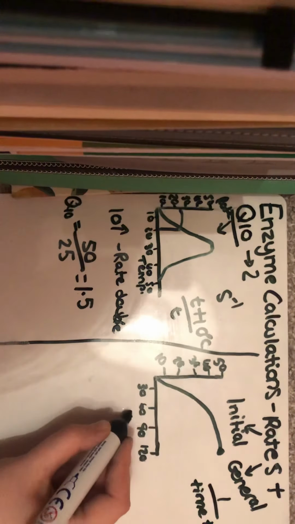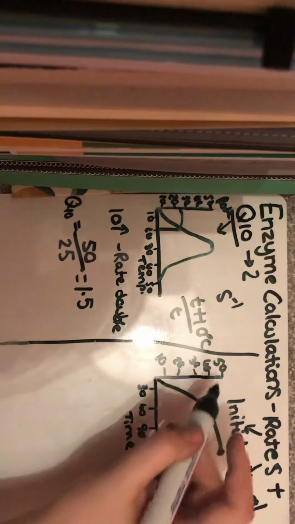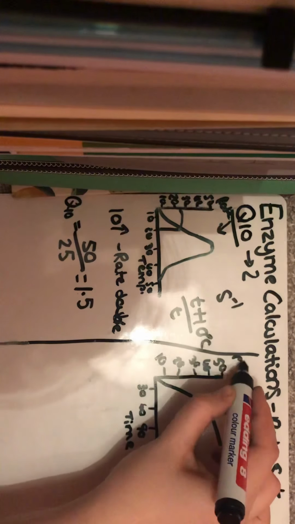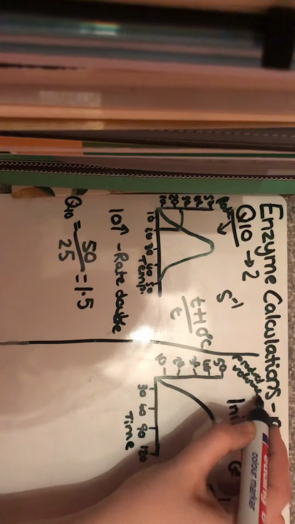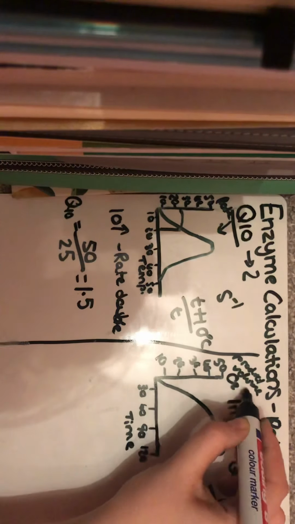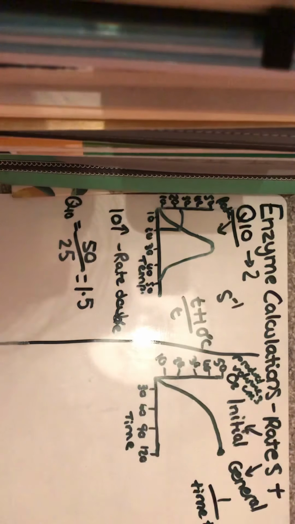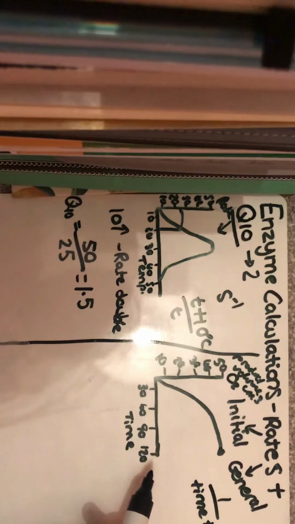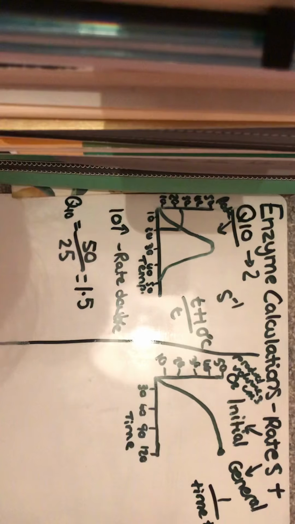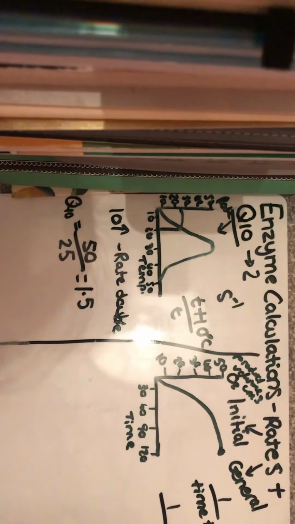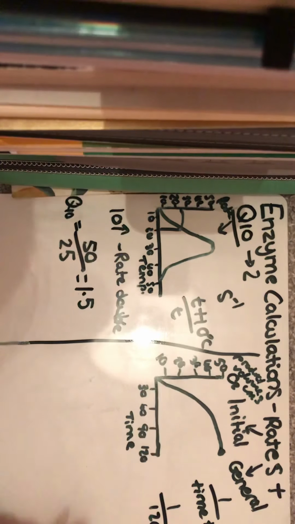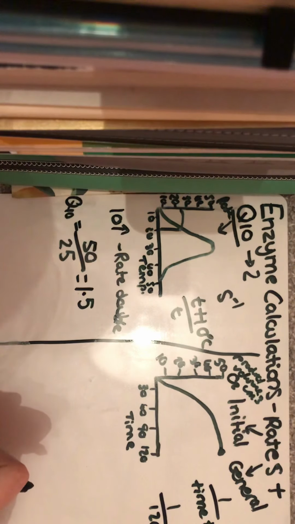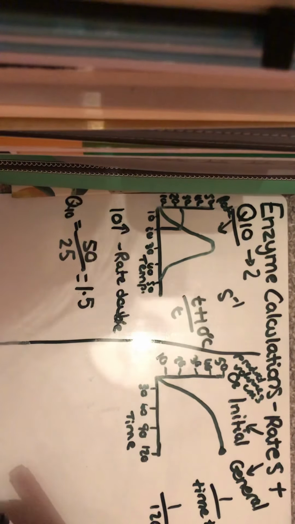So this here is my time, and this is my product, volume of oxygen in centimetres cubed. So the general rate would be 1 divided by the time taken for the end point here, which is 120. So that would be the rate of reaction, 1/120.